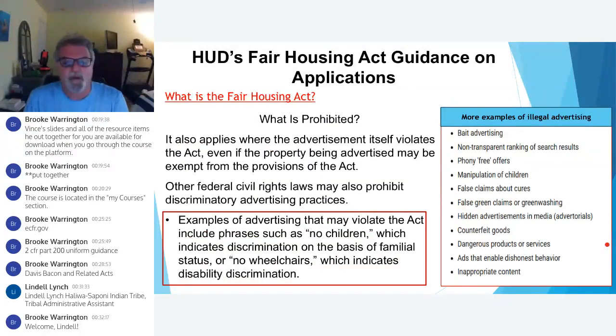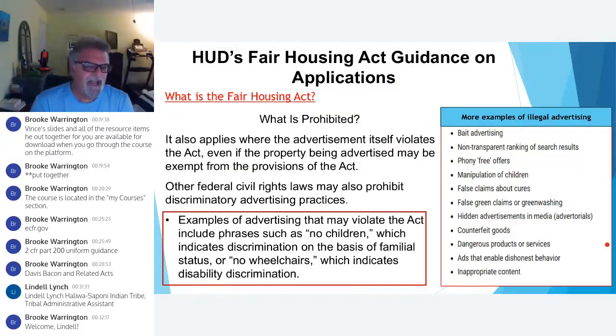Slide 22. What is prohibited? More on that. It also applies where an advertisement itself violates the Fair Housing Act and other protocols that are in place that we are simply not aware of, even if the property being advertised may be exempt from the provisions of the act. Like it mentioned a couple slides ago, there are a couple situations where housing is exempt, but it's a limited fraction of all the housing that's out there.